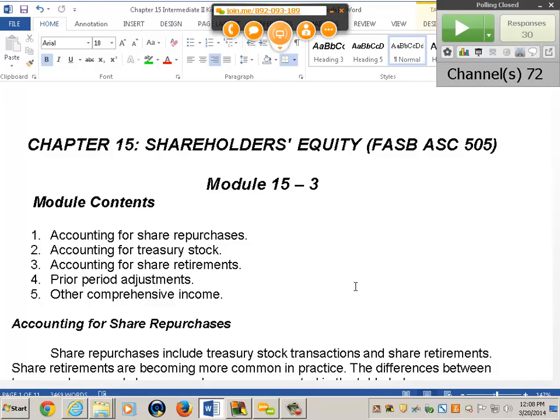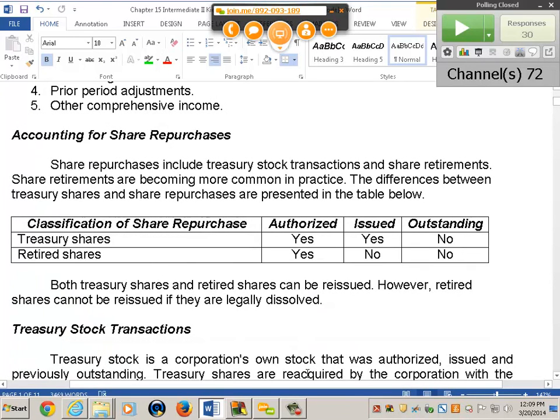So you could have treasury stock transactions, or you could have share retirements. Now, share retirements are going to be treated somewhat like a treasury stock transaction. Under treasury stock, we could have the cost method or the par value method. Under the share retirement, we're going to use what is called the retirement method.